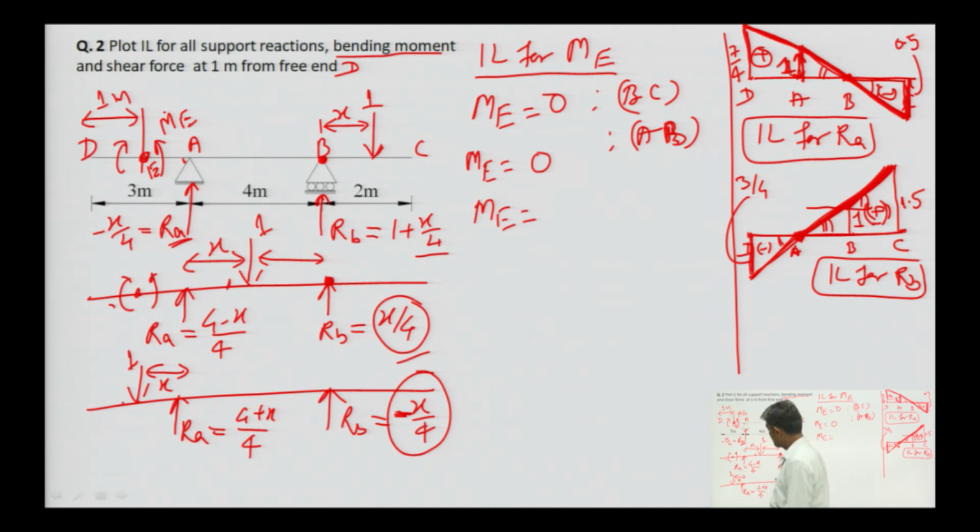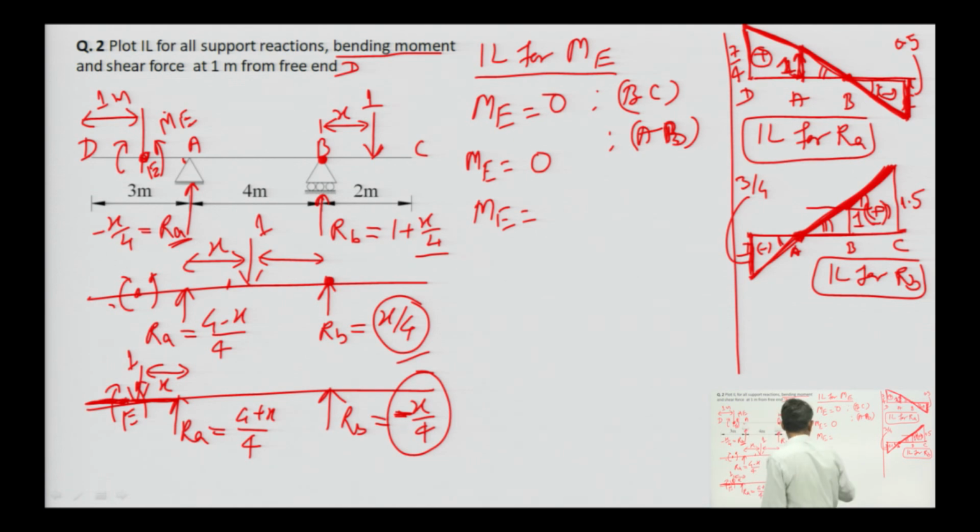Here there will be two cases. We need to consider two different cases: if the point load is placed in this region and if the point load is placed in this region.